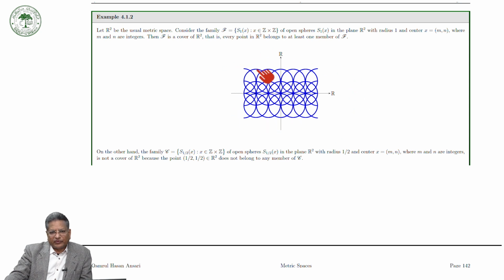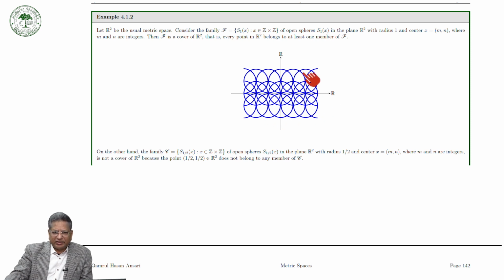And therefore this family F is a cover of R2. But as we have proved, every open sphere is an open set in R2, because we are considering R2 with the usual metric. So F is an open cover of R2.